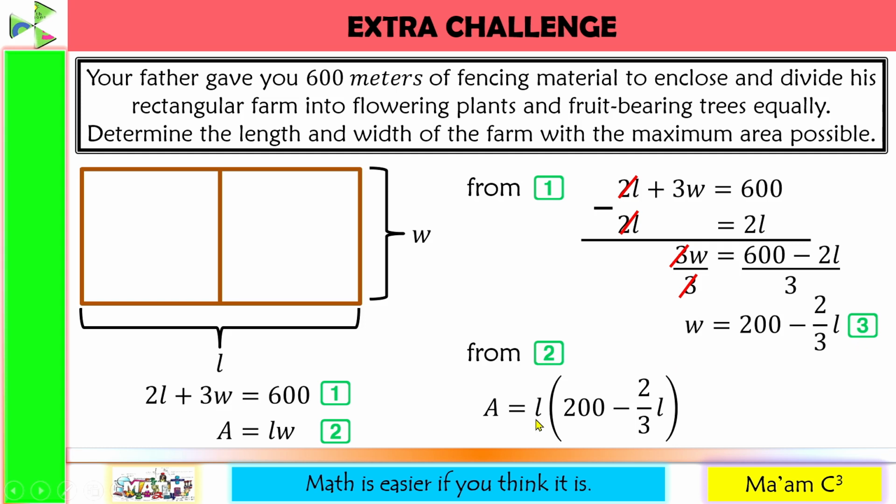I am going to distribute this L. So L times 200 is 200L. And then L times negative 2/3 of L will become negative 2/3 of L squared.